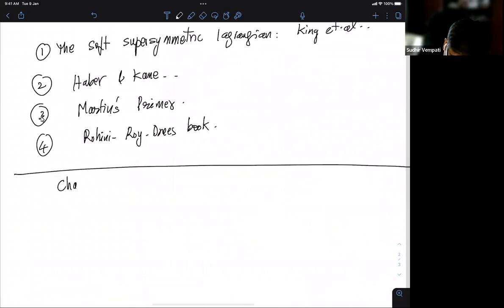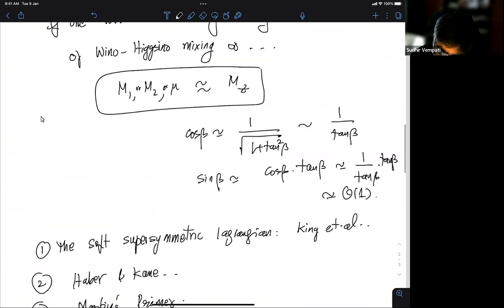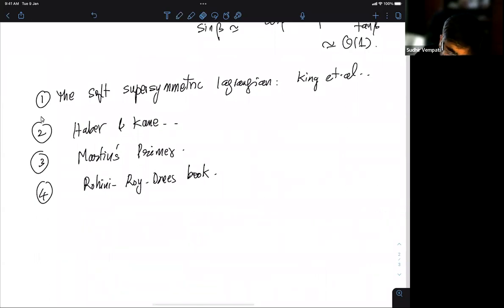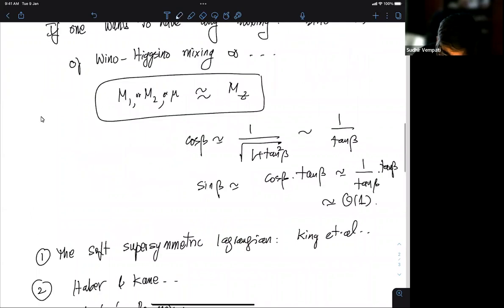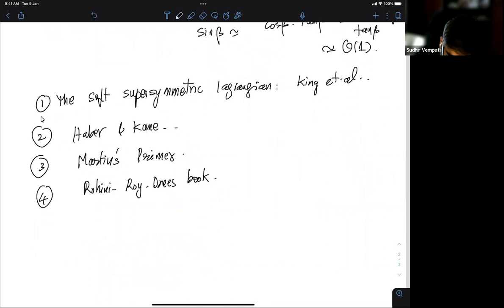Okay, chargino mass matrix. But before going to charginos, one important point about the neutralinos, about the Bino mixing. Normally you do some diagonalization of the neutralino mass matrix.